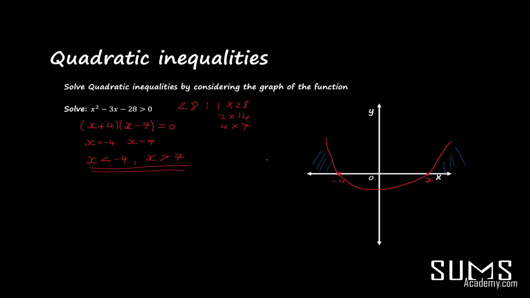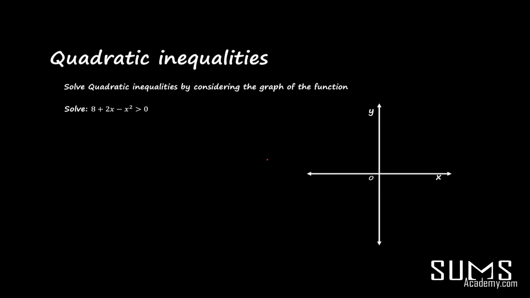Okay, let's look at another example. Here we're asked to solve it by considering the graph. Again it's a different quadratic: 8 plus 2x minus x squared.